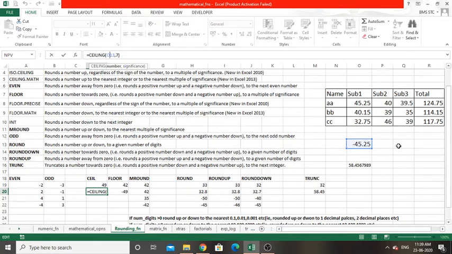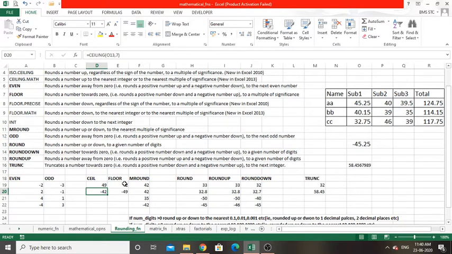What about minus 43? It is also not a multiple of 7, though it is higher than minus 45. What about minus 42? Minus 42 is greater than minus 45, and it is also a multiple of 7. So it resulted in minus 42 as output. The ceil function always rounds up, whether the number is positive or negative.